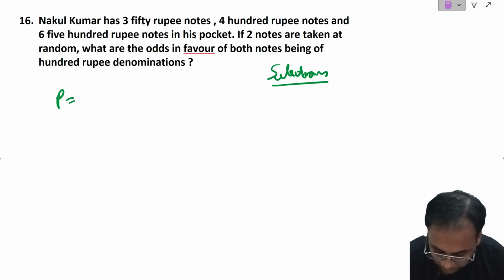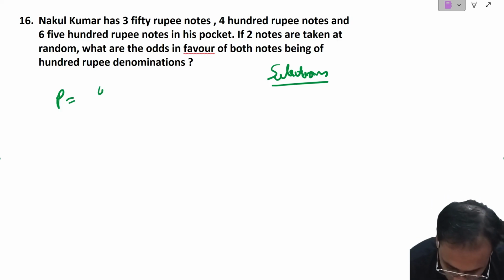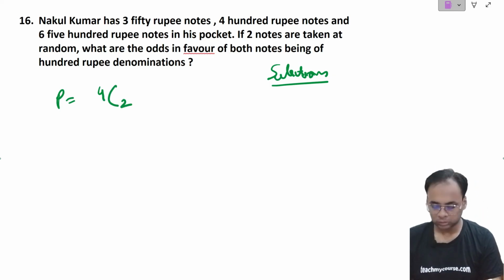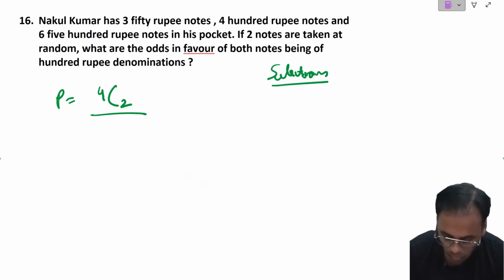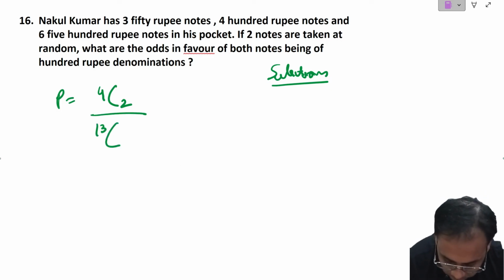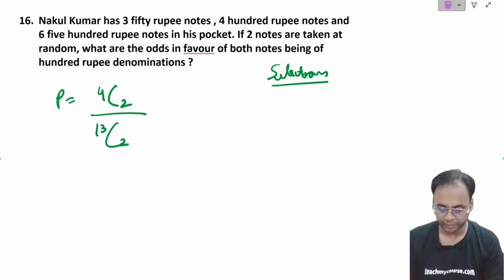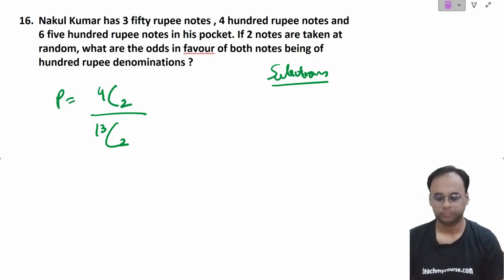So what is the favorable event? How many 100 rupee notes are there? 4, so 4C2. Out of the 4 100 rupee notes, 2 are being selected. This is the favorable event, and the total event is 13C2. As there are a total of 13 notes, and 2 notes are being taken, the sample space is 13C2.